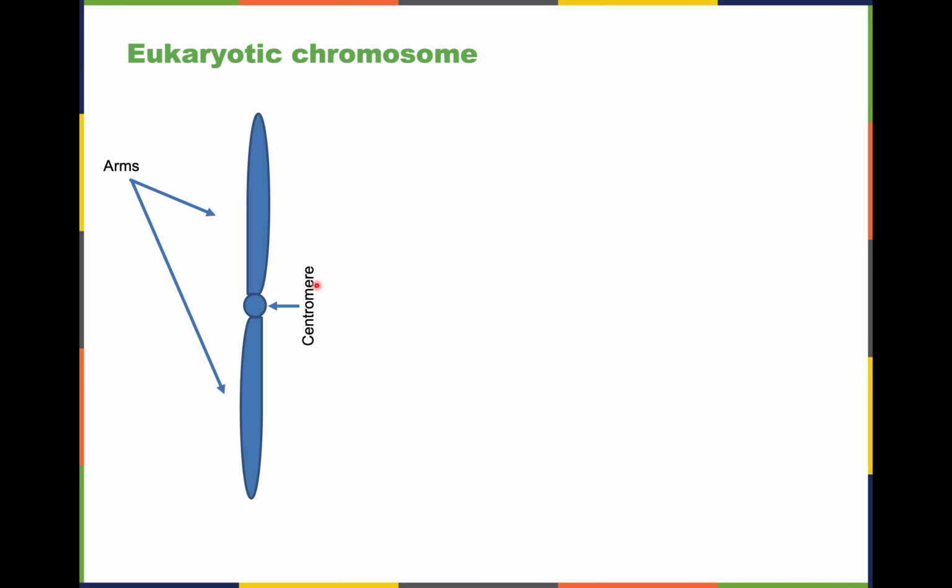And this is a very important part of a chromosome, as you will see. Now, chromosomes come in all sorts of different shapes. They can have one short arm and one long arm, or they may have equal-sized arms, and they could be really tiny. So the chromosomes can be really big or really small, and also the size of the arms changes.